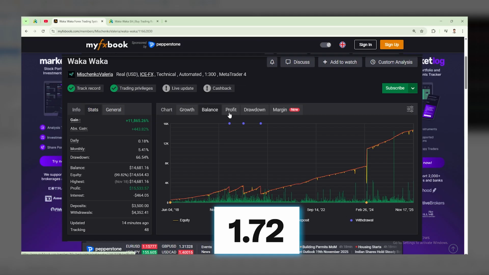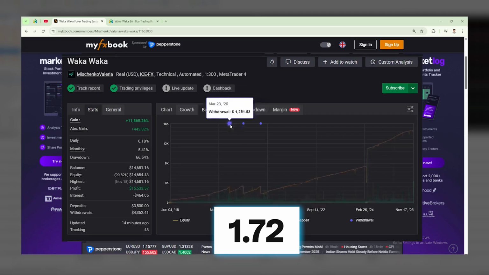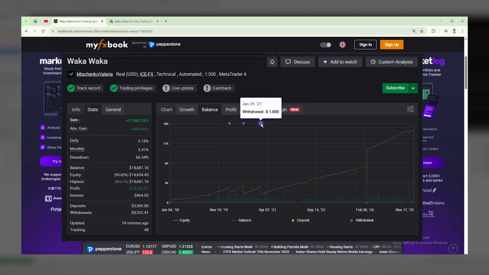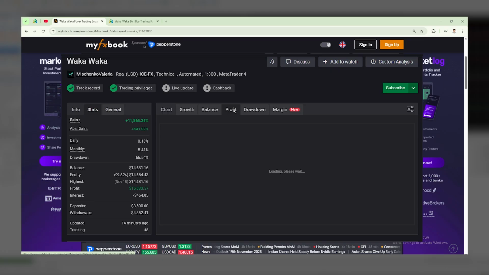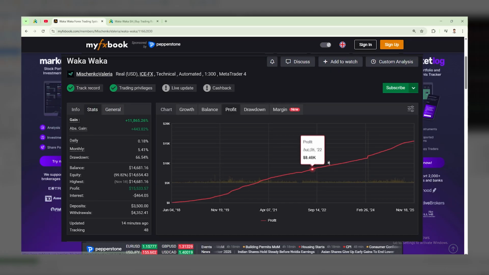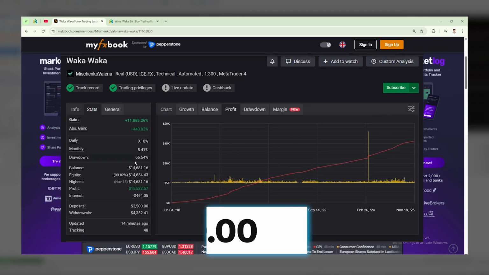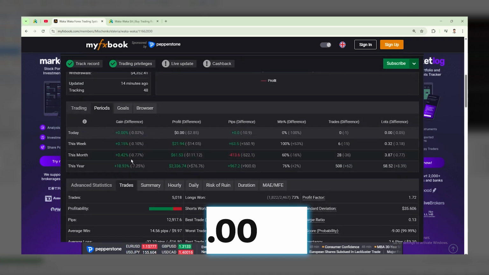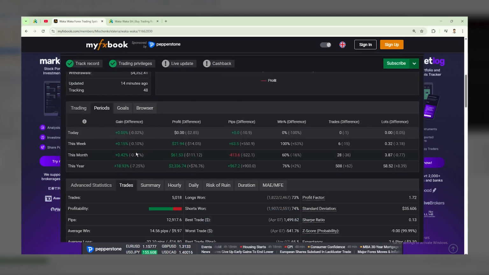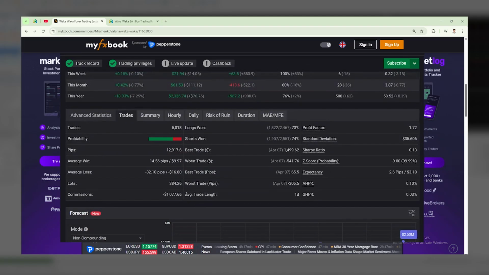Profit factor 1.72, meaning $1.72 back per $1 risked, Sharpe ratio 0.13 for solid risk reward without sleepless nights, and Z-score at negative 9.00, 99.99% probability of normal distribution. No outliers crashing the party.